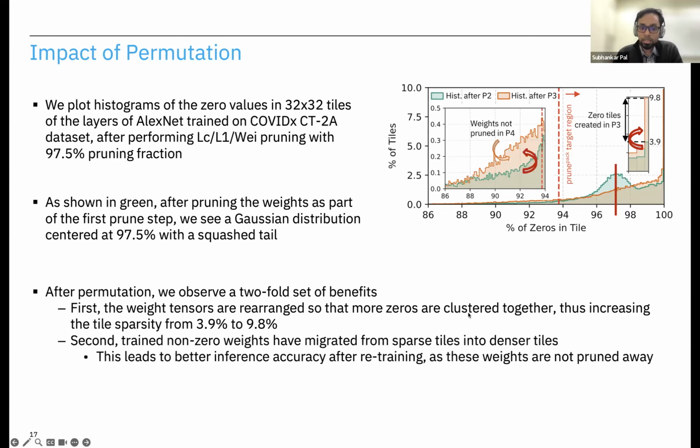And there's a secondary effect, which is that we are migrating some of the non-zeros that were in the less sparse tiles into higher density tiles. That's shown by the increase in the value of the histogram at the same x-axis point. Which means that you're saving some weights from getting pruned away, and these are the important weights. So these two effects cumulatively give us good pruning for low accuracy loss.